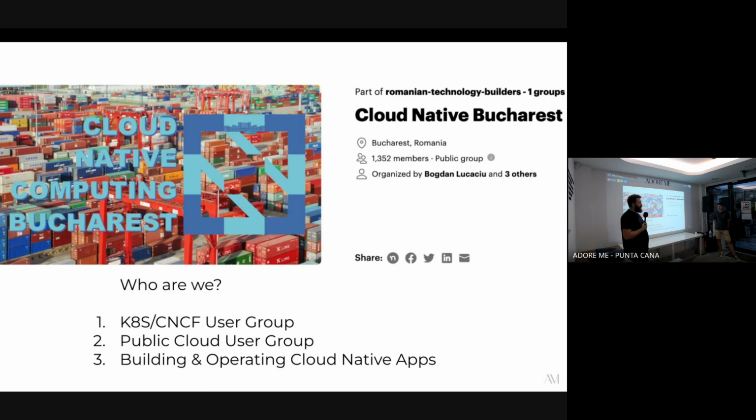Things like serverless in various clouds, or whatever managed services exist outside the scope of the open source CNCF landscape. And thirdly, we care about building and operating cloud native apps. So that means microservices, architecture, and all the practices and the pains associated with this. So that's what we care about as a group.